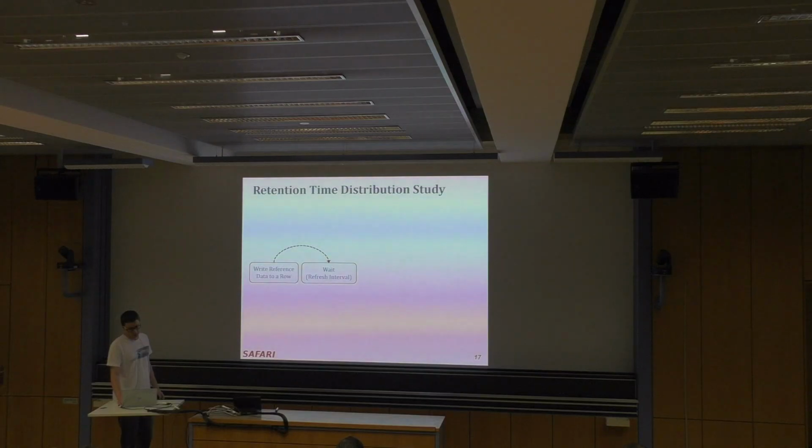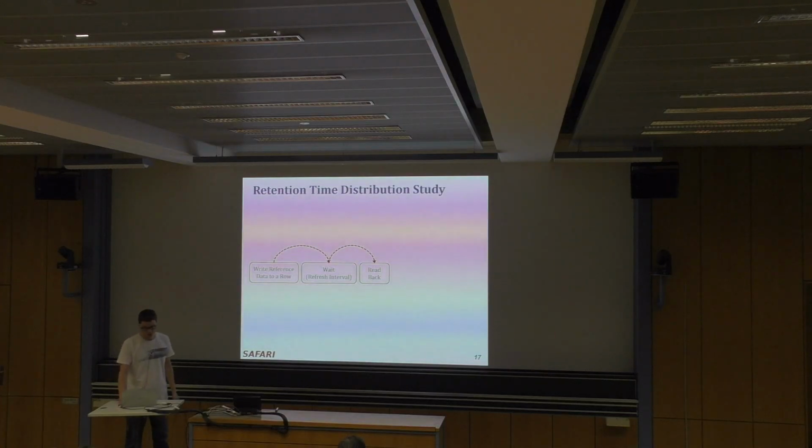After writing to a row, we have to wait for some refresh interval. This can be something from milliseconds to seconds. Here we don't use any special instruction for this, but just rely on system level functions to sleep or wait for a specific amount of time, and then read back the data and check for errors.